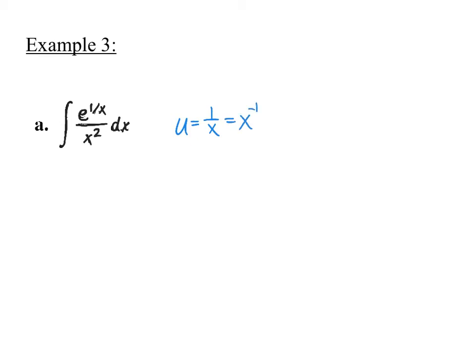Okay. Basically, you've got to decide. It's either going to be a 1 over x squared or it's going to be a 1 over x. You got to figure out which one is going to be which. So we'll try the 1 over x first. du is negative x to the negative 2, right? Well, that's kind of nice because I can rewrite my integral as e to the 1 over x times x to the negative 2 dx.